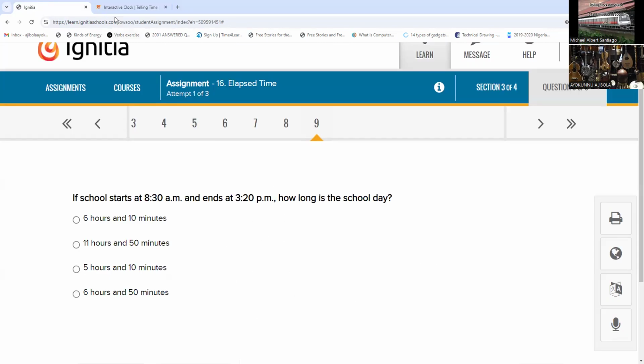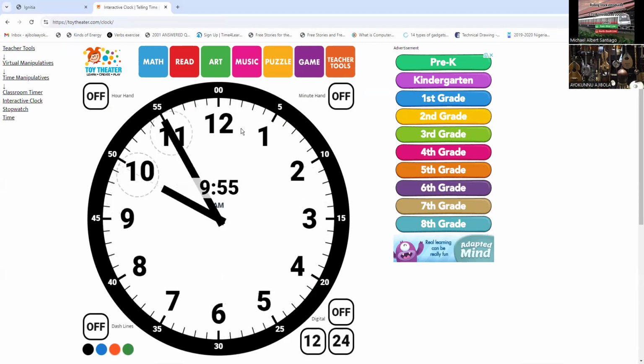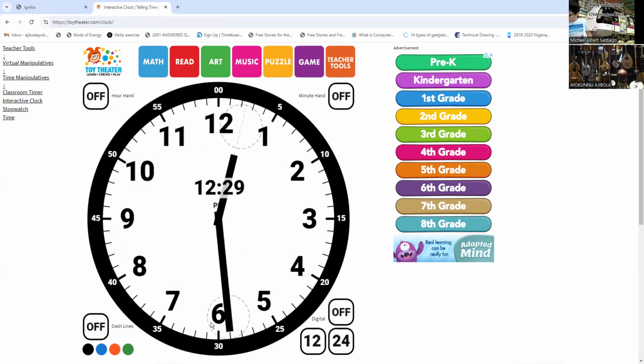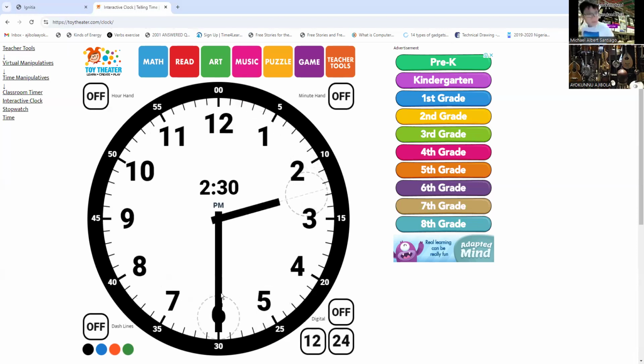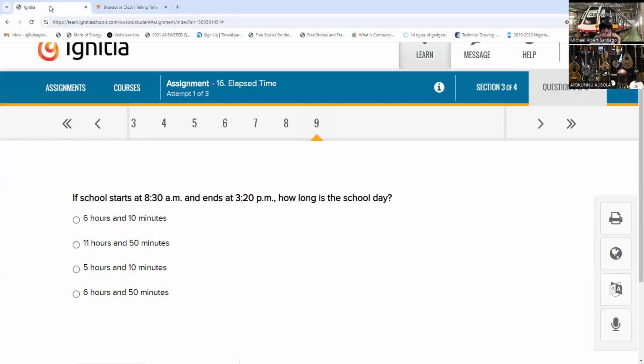And 3:20. So 1, 2, 3, 4, 5, 6. This is 6 hours. Now it's not going to come here, so it's going to stop on 20. That's 50 minutes. So 6 hours, 50 minutes, okay?